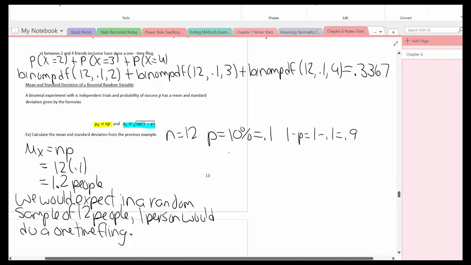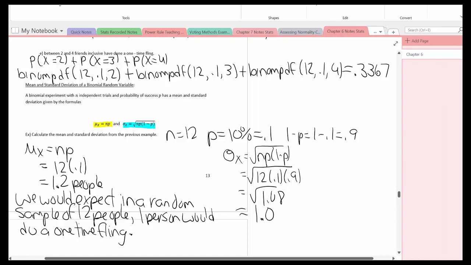Okay, let's do the standard deviation. Again, square root, we know that's 12 times 1/10 times 9/10. That is going to equal 1 8/100. And rounding it to 1 decimal place, that's about 1.0.